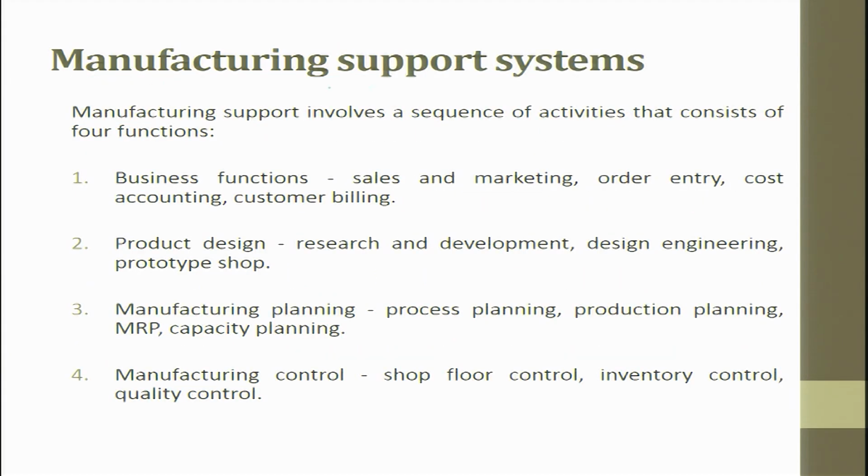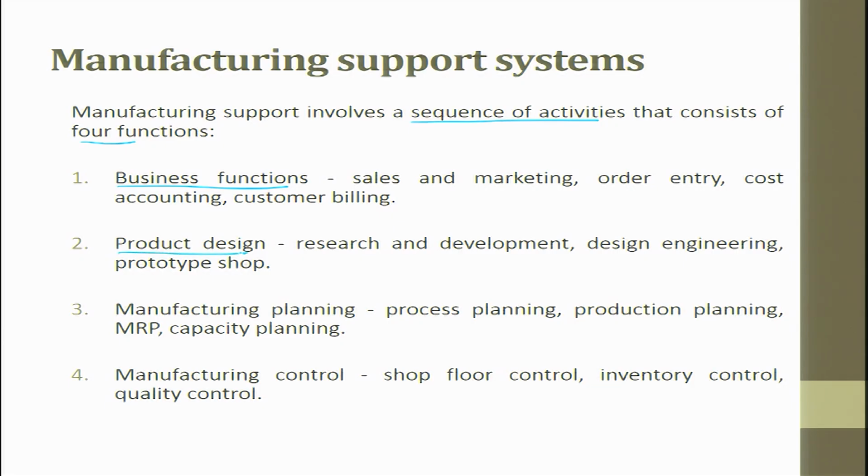When you look at manufacturing support systems, the manufacturing support system involves a sequence of activities that consist of four functions. Business function. What is falling under business function? Sales, marketing, order entry, cost accounting, customer billing. Okay. So, all these things are business functions.